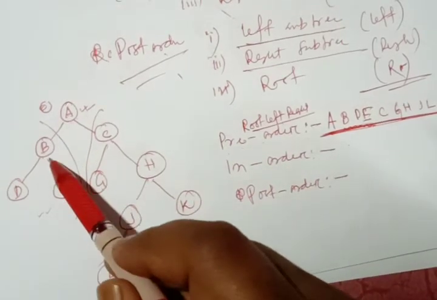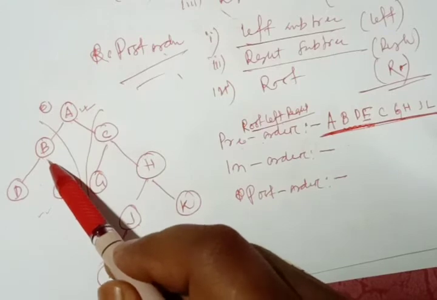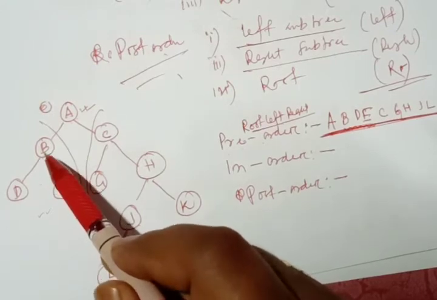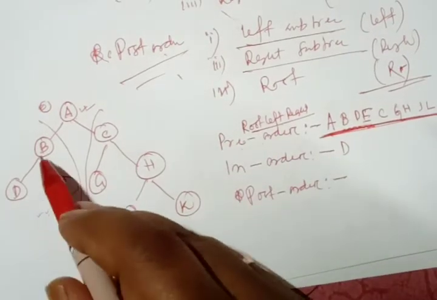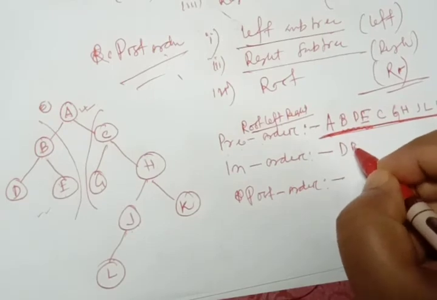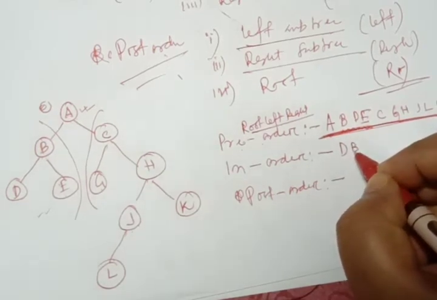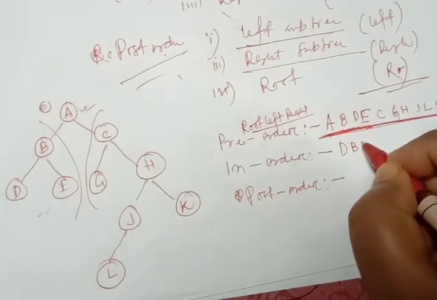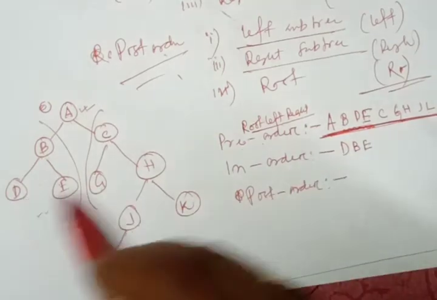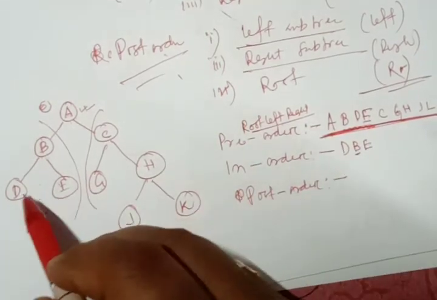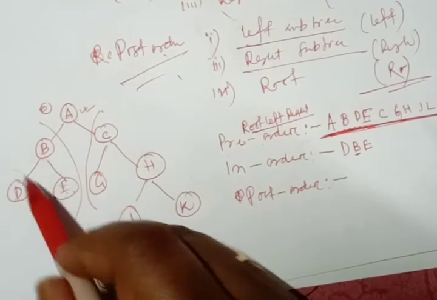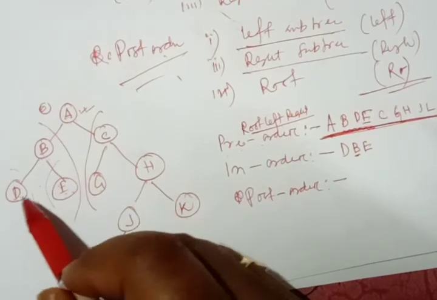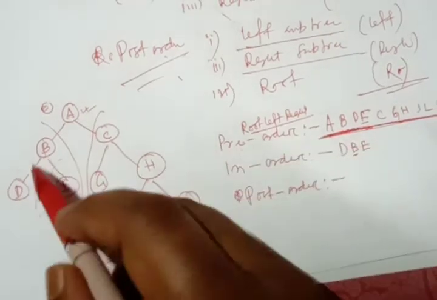When we come to the left part, again we go to the left of B, so D will come first, then B will come, because the root node comes in between the left and right subtrees. The left subtree of B is D and the right subtree of B is E. So D, B, E. Then A will come.